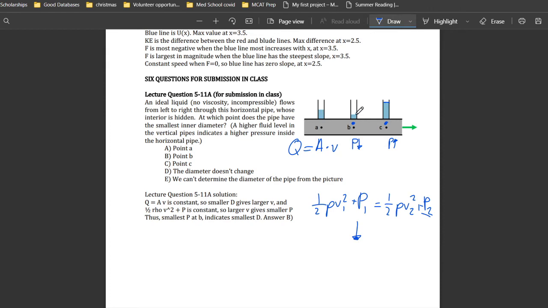Because the ideal liquid is not as high, which means that the velocity must be higher. So the velocity is lower at point C than it is at point B, because the pressure is greater.